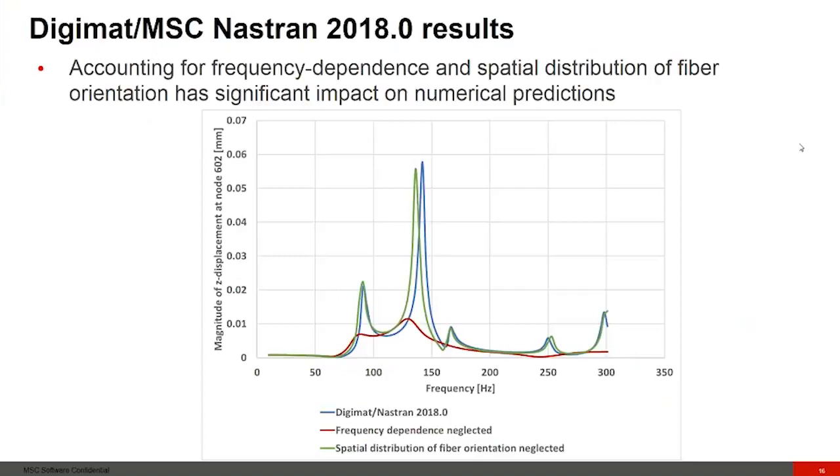Next, we're going to talk about some of our enhancements in rotor dynamics. If you're a user of rotor dynamics capabilities in Nastran, you may already know that we've consistently updated our rotor dynamics capabilities. In 2017, we introduced support for 3D rotors.